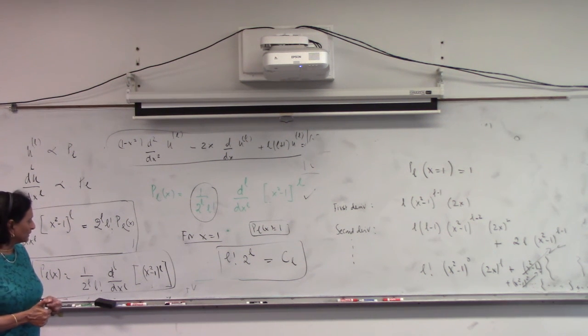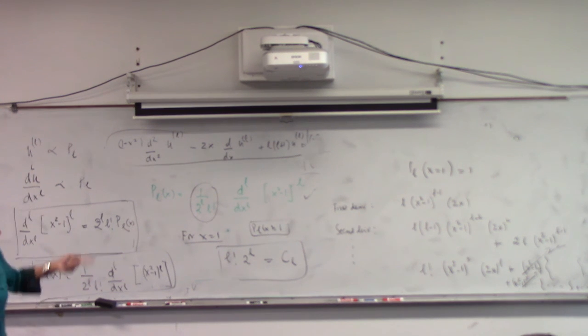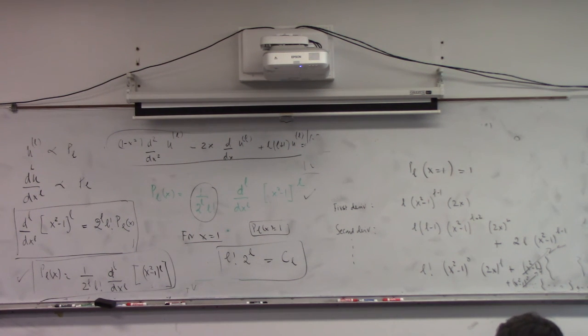And it will prove useful, I think, in both quantum mechanics and electromagnetic theory. So each special function has some important properties that we have to know so that we can apply them wherever they come.